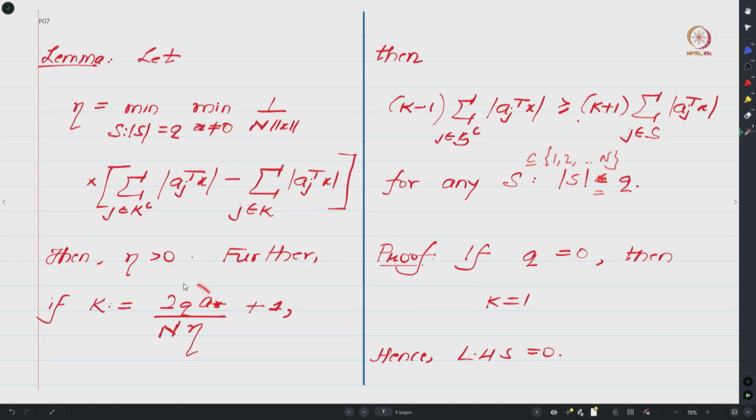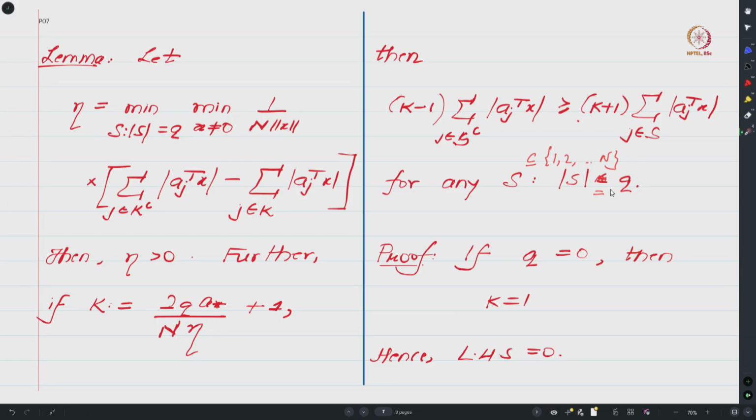Notice that k is something plus 1, so k minus 1 will be strictly positive, times this expression, and we are claiming that this should be greater than k plus 1 times this. And recall that S over here is of cardinality Q.